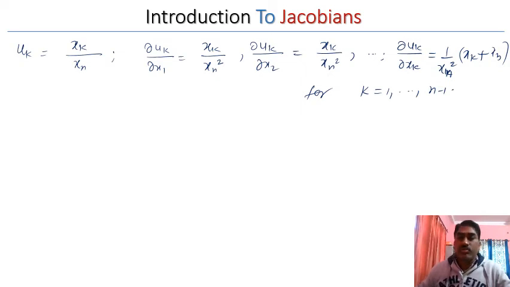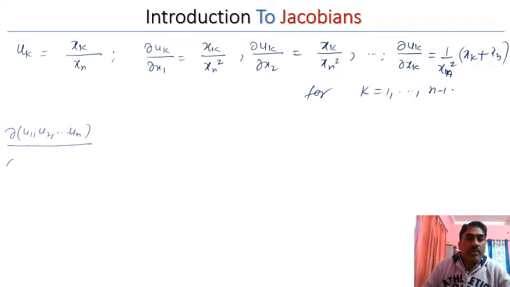So now let us put these things in the Jacobian. The Jacobian of u1, u2, ..., u(n minus 1) with respect to x1, x2, ..., x(n minus 1): these are n minus 1 functions and n minus 1 variables, so we will get an (n minus 1) by (n minus 1) determinant.